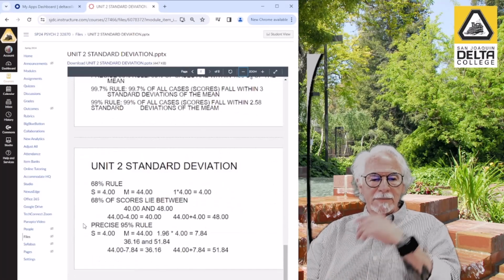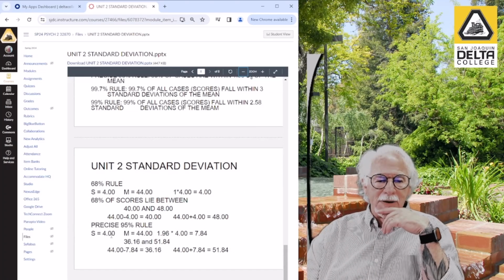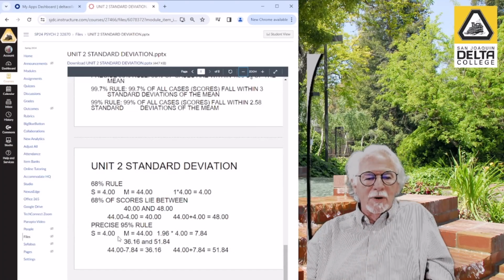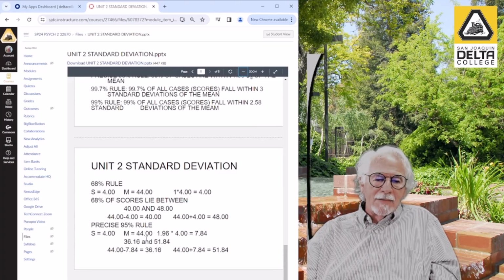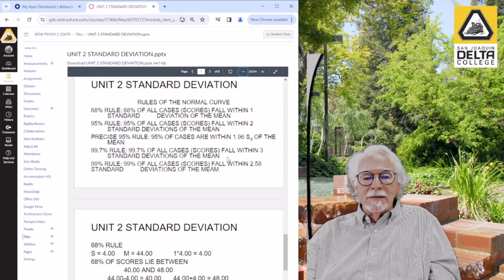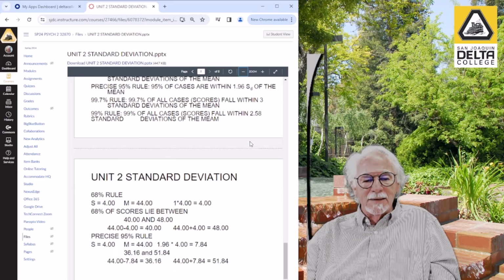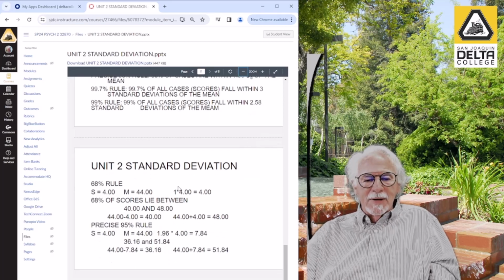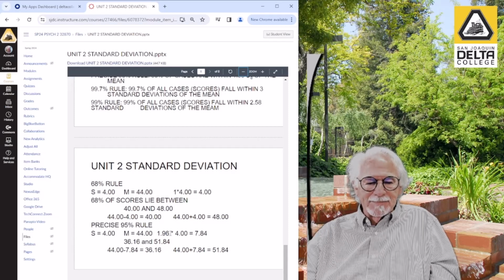So let's go back to this example. Now I have a standard deviation of 4, and I have a mean of 44 still. But now, the precise rule says they're within 1.96 standard deviations of the mean. So now instead of multiplying just by 1, I have to multiply by 1.96.